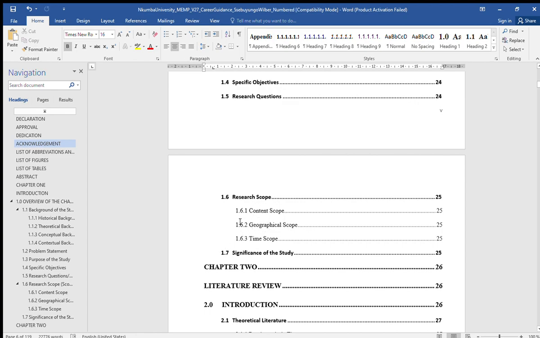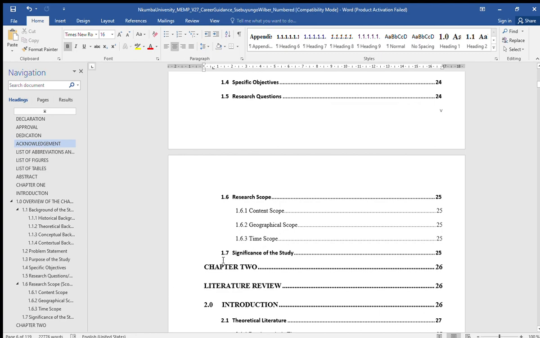Then you have content scope, geographical scope, and time scope. These are under research scope, so you see that they are below it, and their numbering has the 1.6, which means research scope. Research scope 1 is called content scope, 2 geographical scope, and 3 time scope.